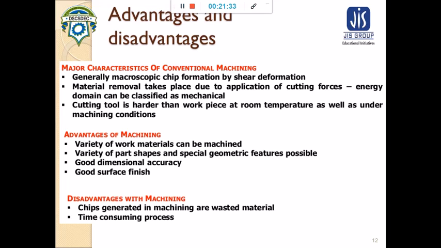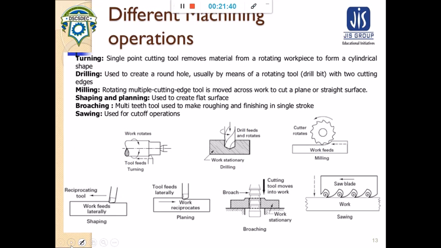Now there are different types of machining operations. First one is turning. In turning, using a single point cutting tool, we can reduce the diameter of a cylindrical job.